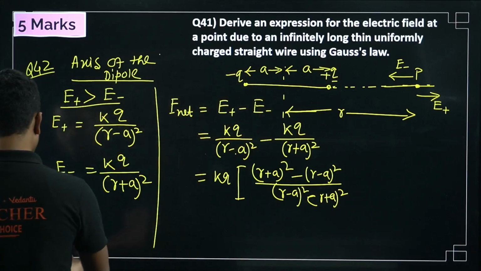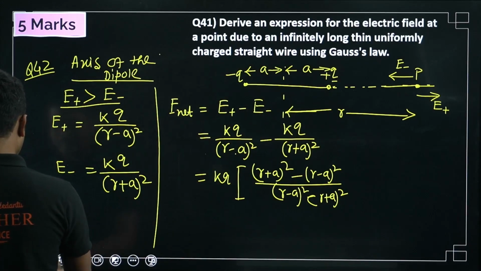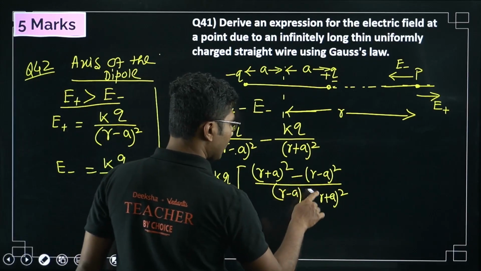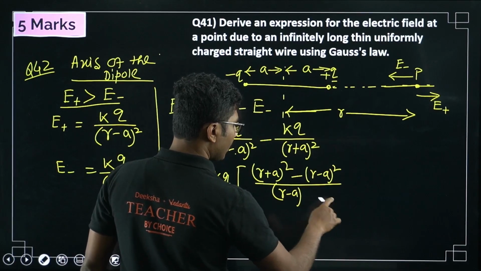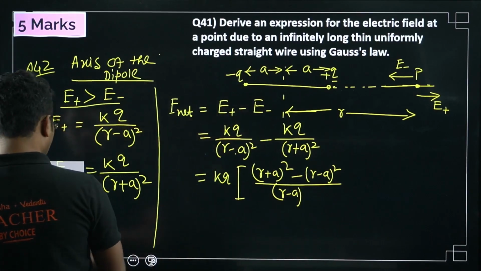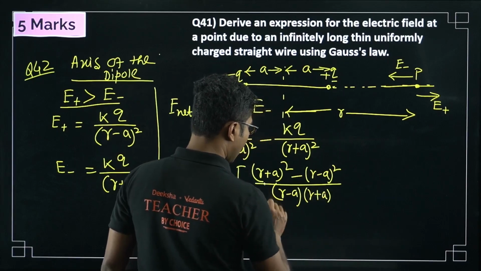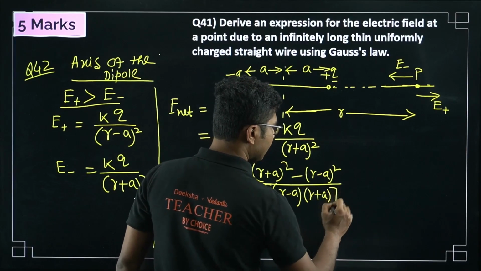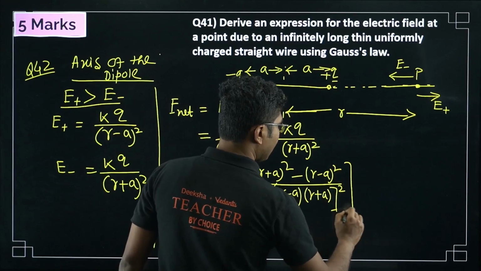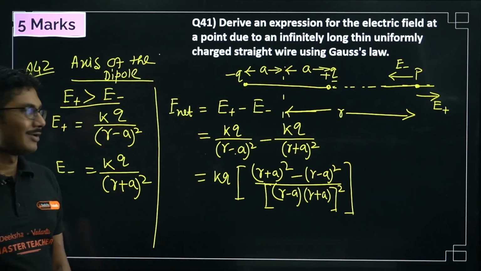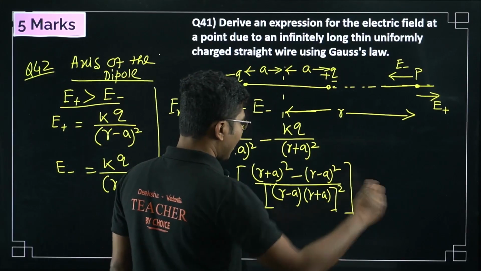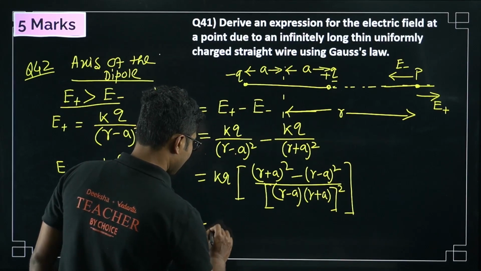Now what I will do, instead of writing it like that, I will take the square common in both the terms. Sir, how can you take square common? I can take square common like this, right? Now is the magic. So kQ.